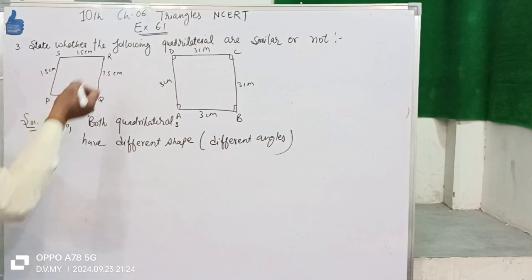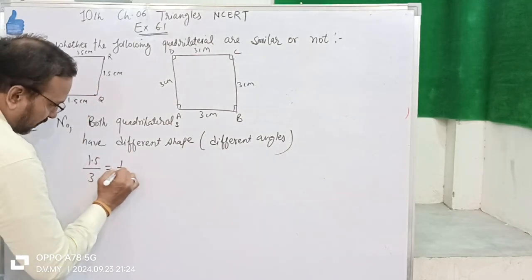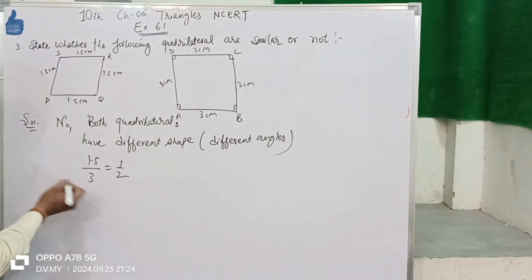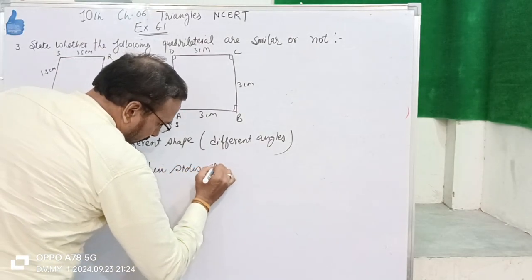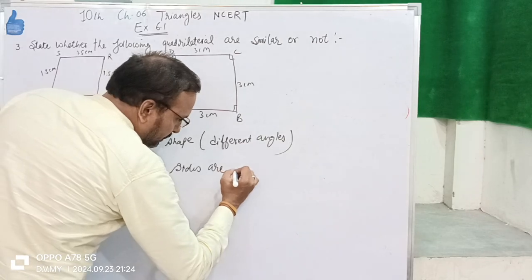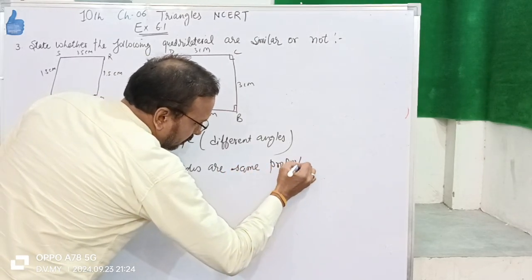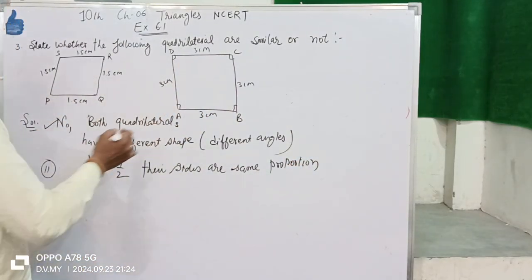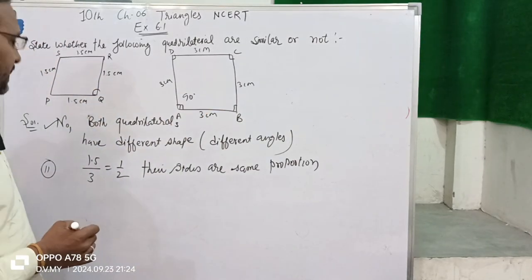The second case is whether their corresponding sides are proportional or not. Yes, 1.5 upon 3 means 1.2. So we can say their sides are in proportion, but their angles are not the same. Here the angle is 90 degrees, but here the angle is more than 90.